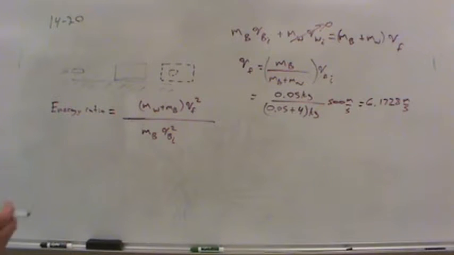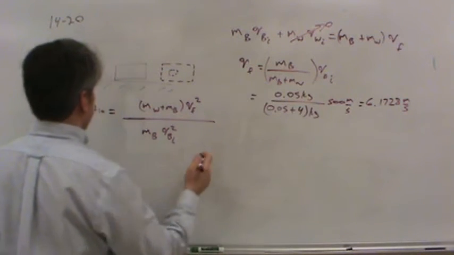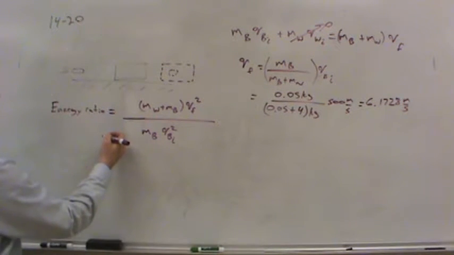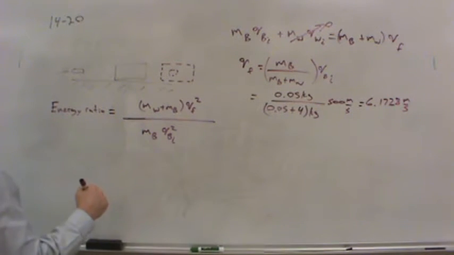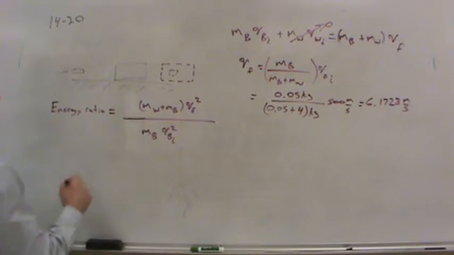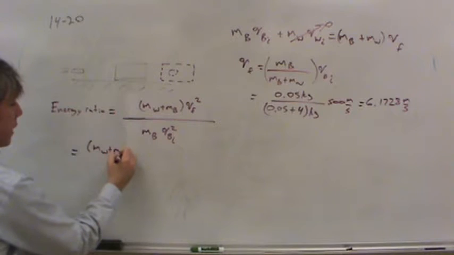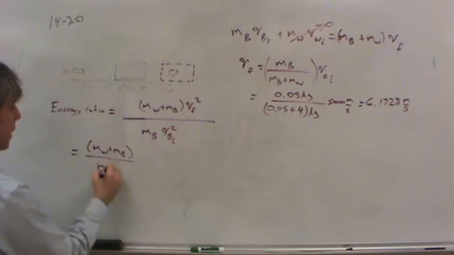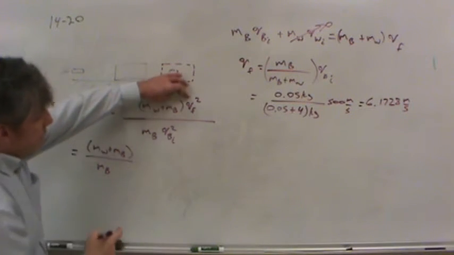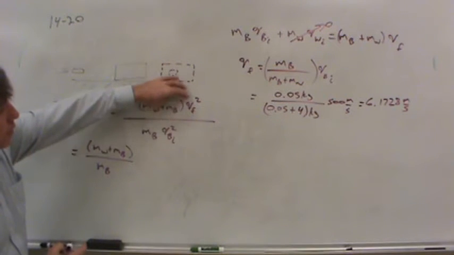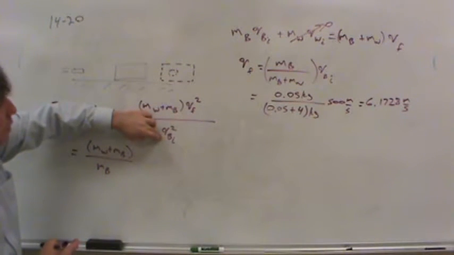Let's keep playing with it just a little bit before we plug in numbers. Let's see if there are any more simplifications. We have an equation for the final velocity in terms of the initial velocity. So if we plug in mass of wood plus mass of bullet divided by mass of bullet, now I'm going to have the square of the velocity ratio.